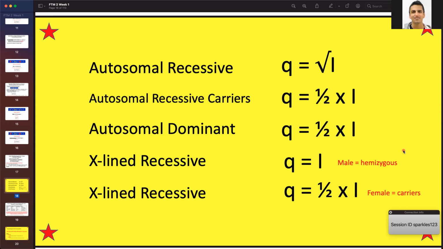And then after that, for the carriers, he just multiplied that number by 2, which is 1/100 multiplied by 2, so 1/50, right? But the formula that you have here, if you multiply 1/2 by 1/100, it would still give you the same. Oh, that's interesting. Okay, awesome. Thank you. Sorry, I was just a little confused.